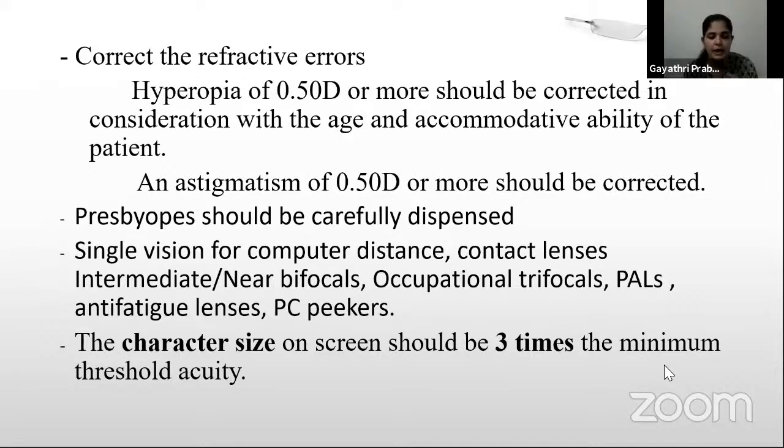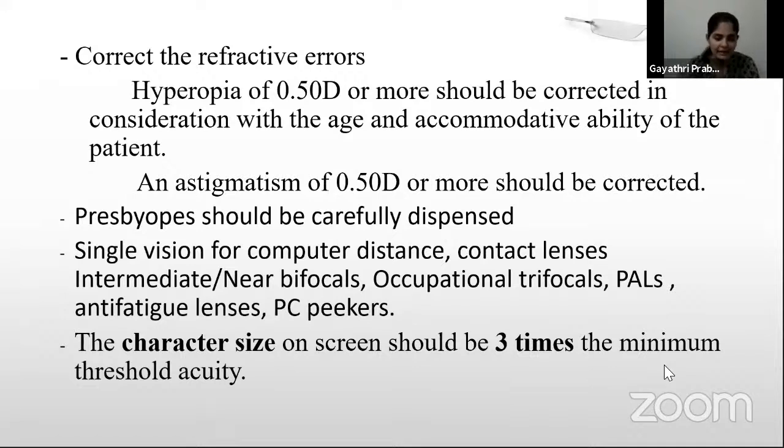Now let us look at the characters that we are looking at on the screen. What is typically said ideally is that the character size on the screen should be at least 3 times the minimum threshold acuity. If the minimum required for me to identify a character on screen is say Times Roman 8 or 10, then I will have to use a 16 Times Roman to comfortably view that target for a prolonged period of time.